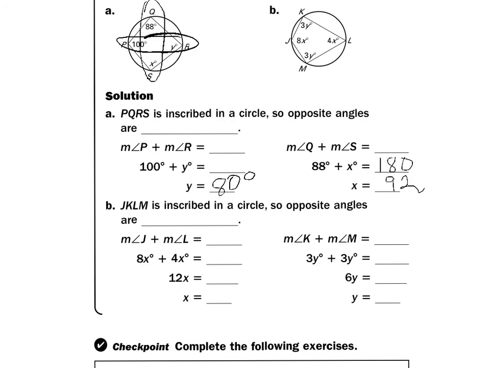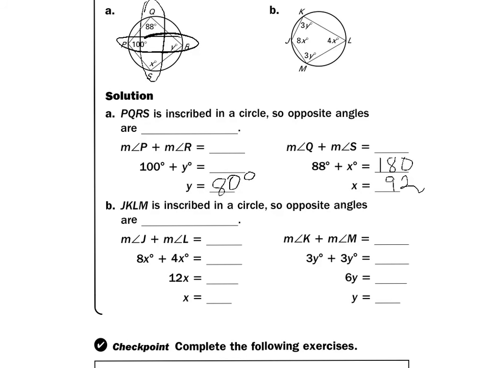Okay, now let's do the same thing for circle B. And let's talk about this. Okay. At first glance, it looks like we can't do anything with circle B. We don't have any numbers. All we have is letters.